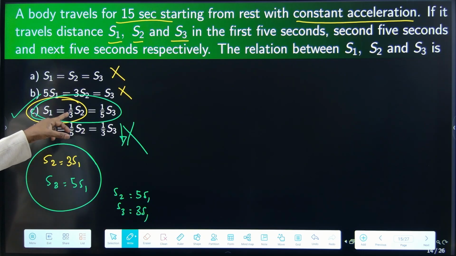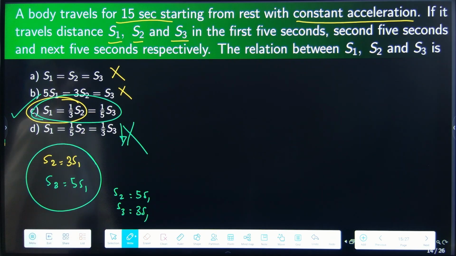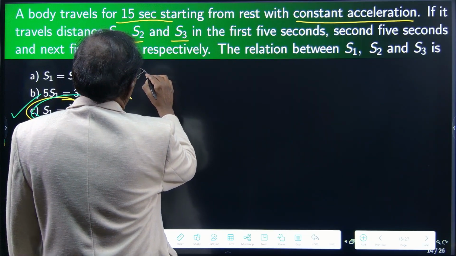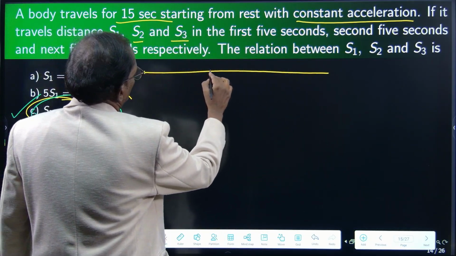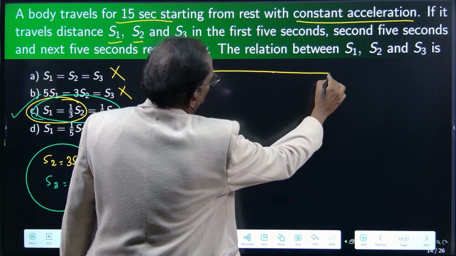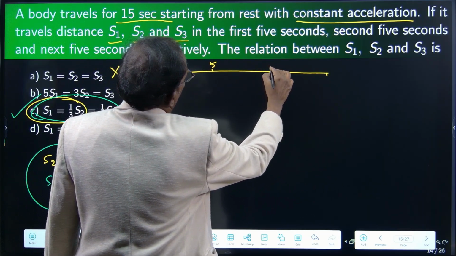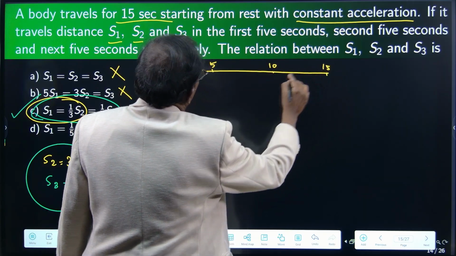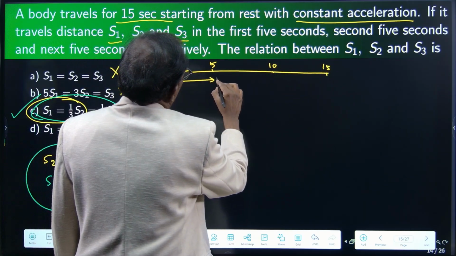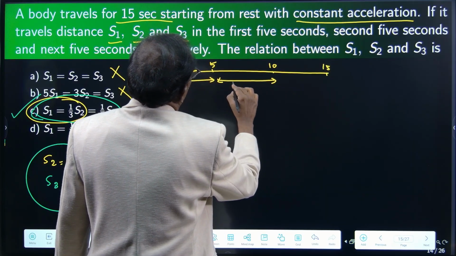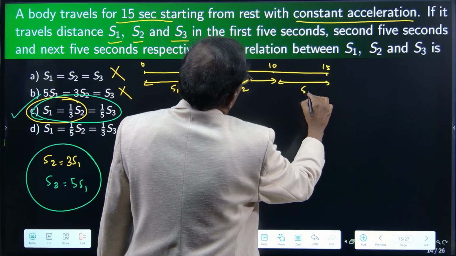But anyway, let us check whether it is 1 by 3, whether it is 1 by 5, right? So this is the line of path. First 5 seconds, next 5 seconds, next 5 seconds: 0, 5, 10, 15. This is S1, this is S2, and this is S3.